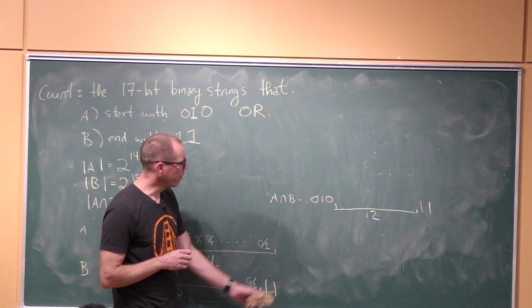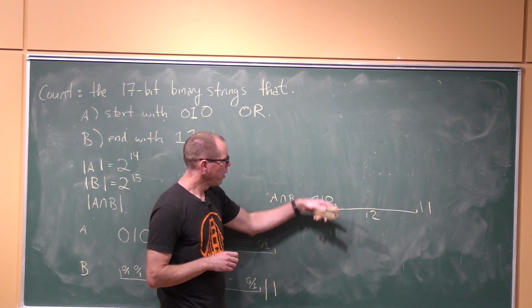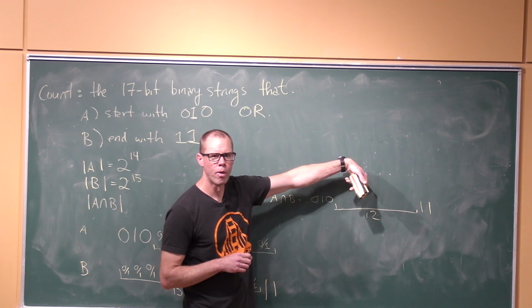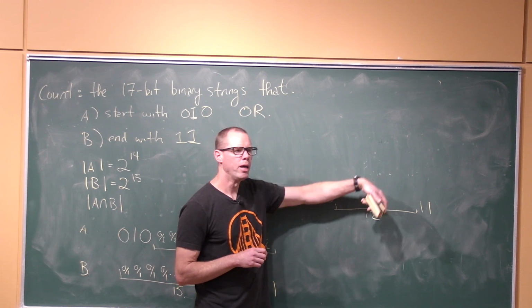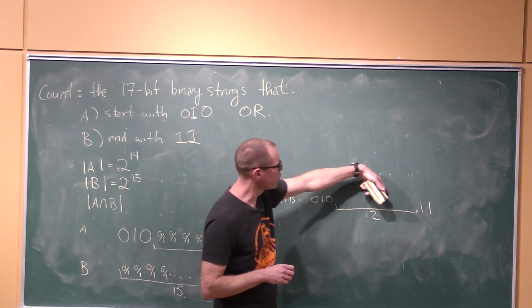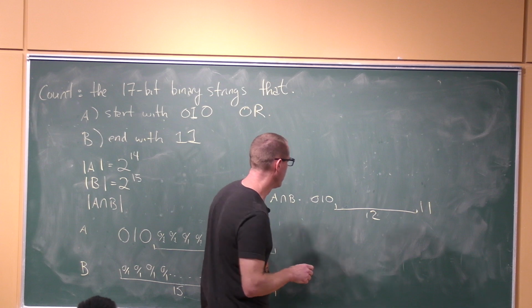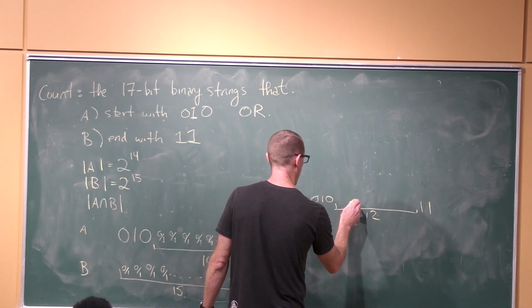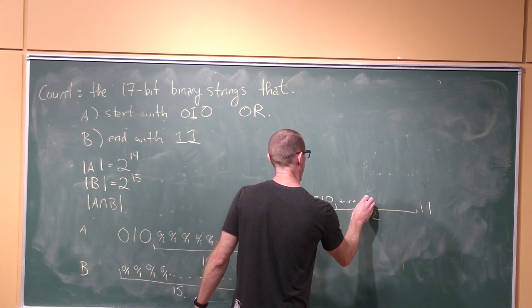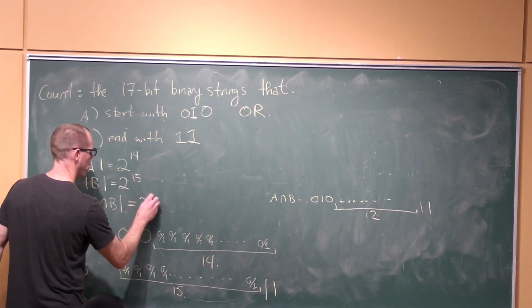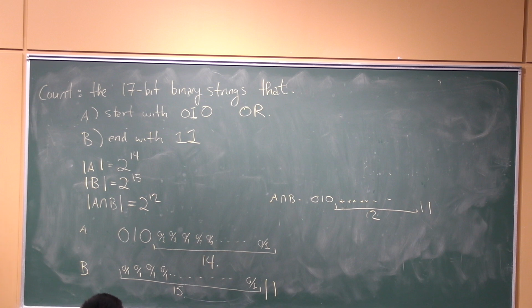And so if we want to write one of these, we write 0, 1, 0. We choose whether we write 0 or 1. We choose whether we write 0 or 1. We choose whether we write 0 or 1. Each time we have 2 choices. We do that for 12 steps. And then we write 1, 1. There's no choices there. Okay? So 12 characters here that I get choices for. So that's 2 to the 12. Okay?